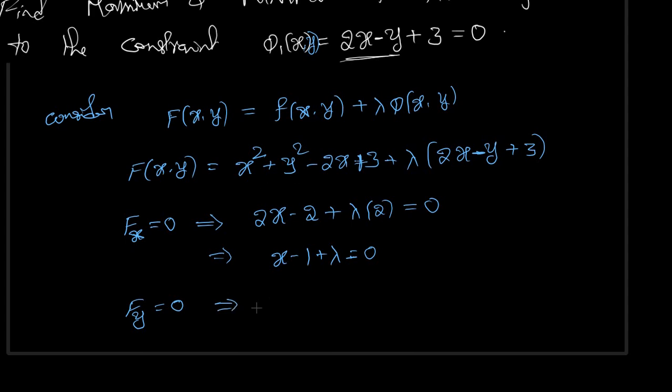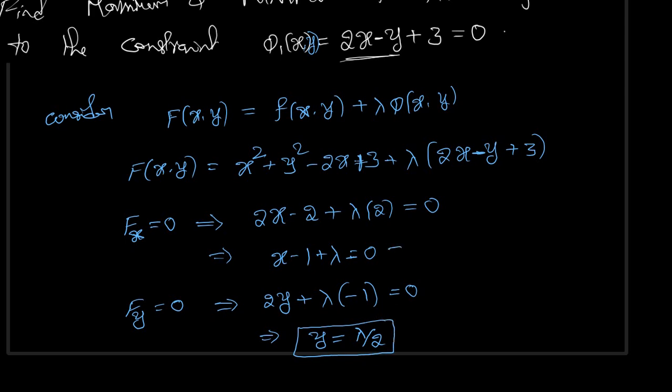With respect to y, this is 2y plus lambda into minus 1 equal to 0. So from this, y equal to lambda by 2, and the first equation also tells me that x equal to 1 minus lambda. So we got x and y in terms of lambda.